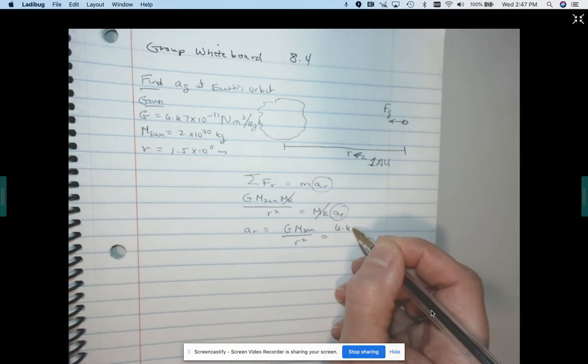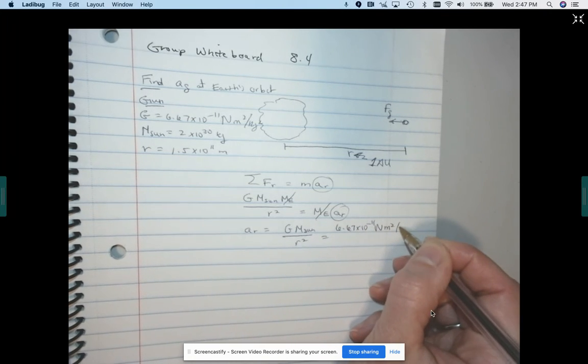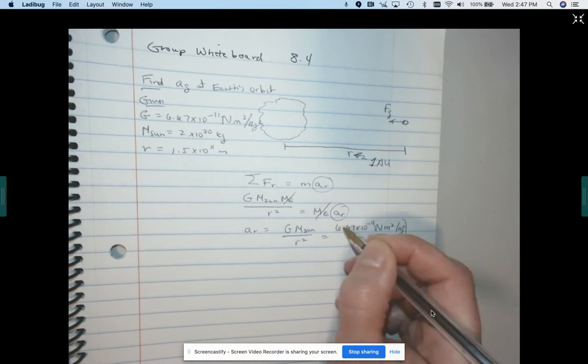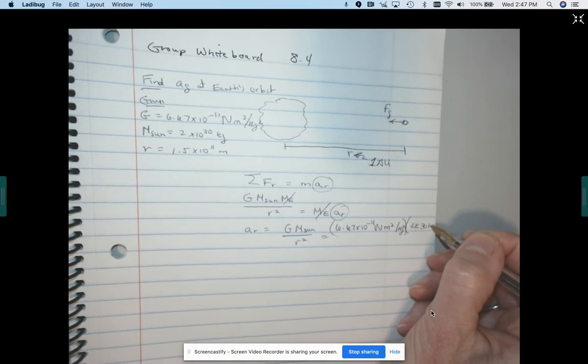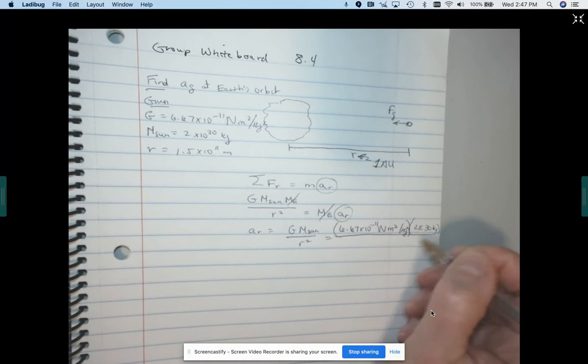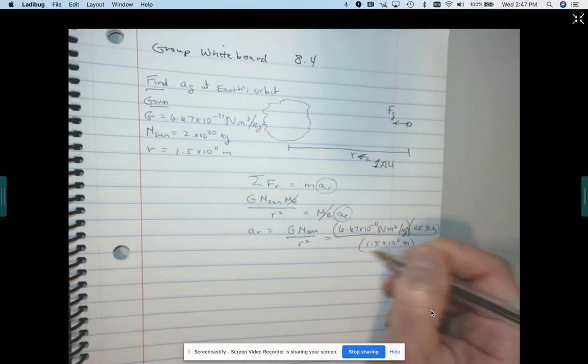So let's plug in 6.67 times 10 to the minus 11 newton meters squared per kilogram squared. Uh-oh, going to run out of room. We'll just do 2 times 10 to the 30 kilograms. And then we divide by 1.5 times 10 to the 11 meters, squared.